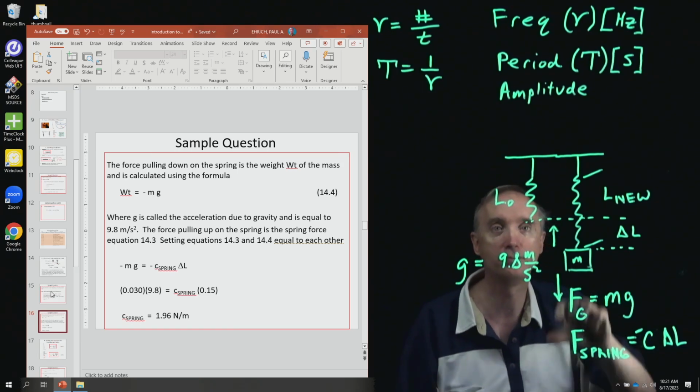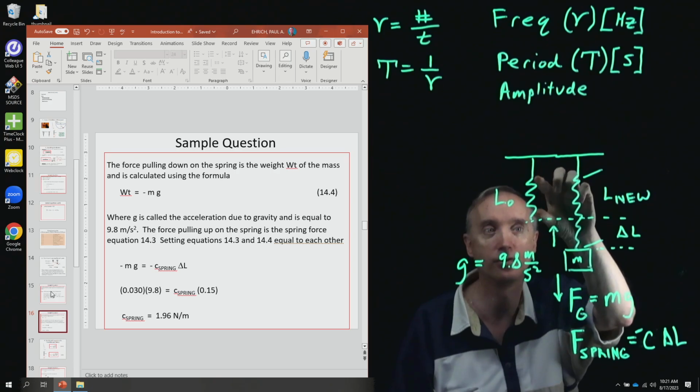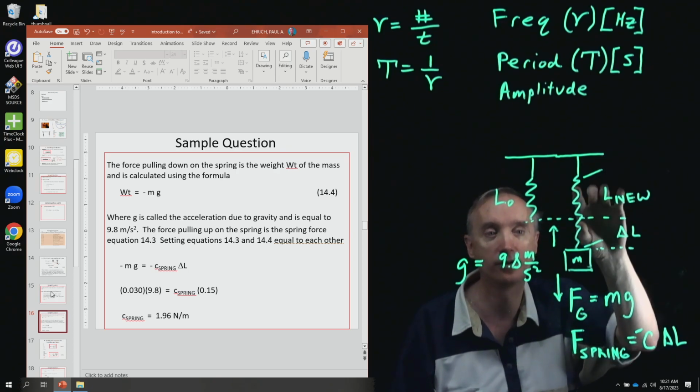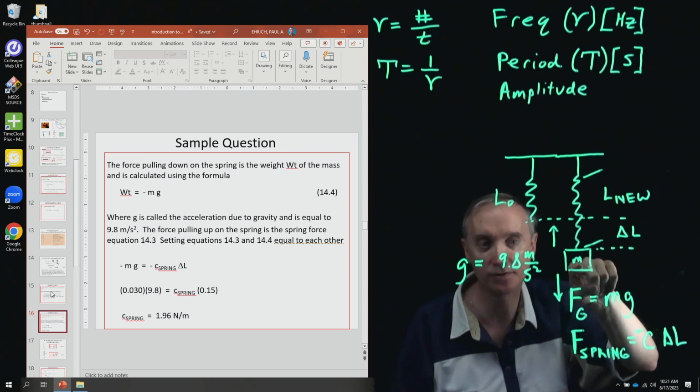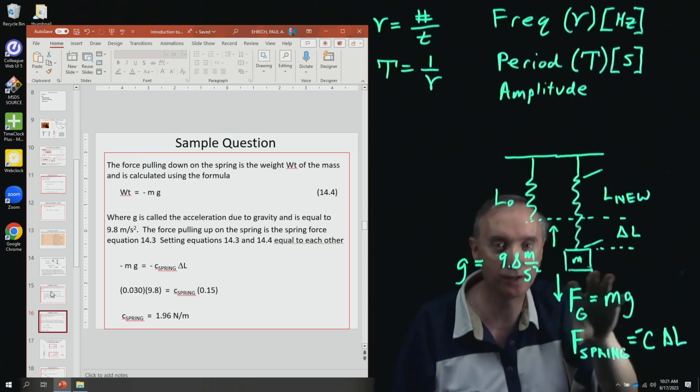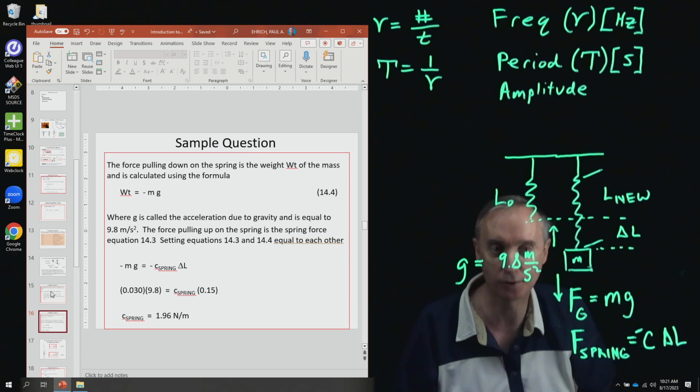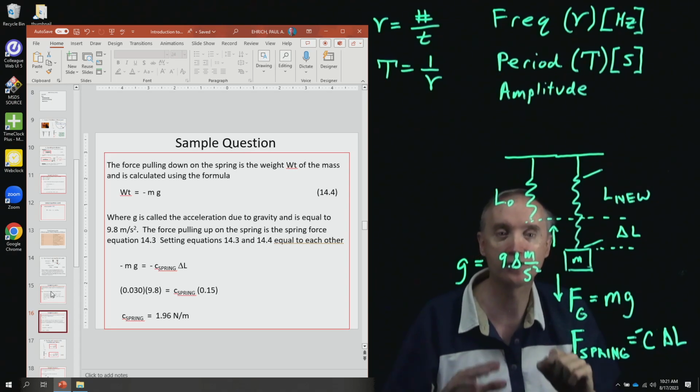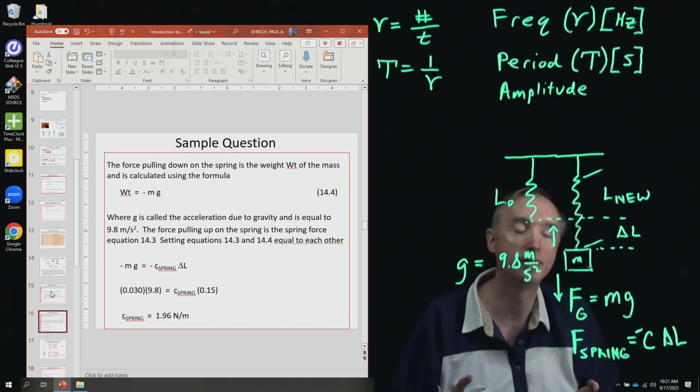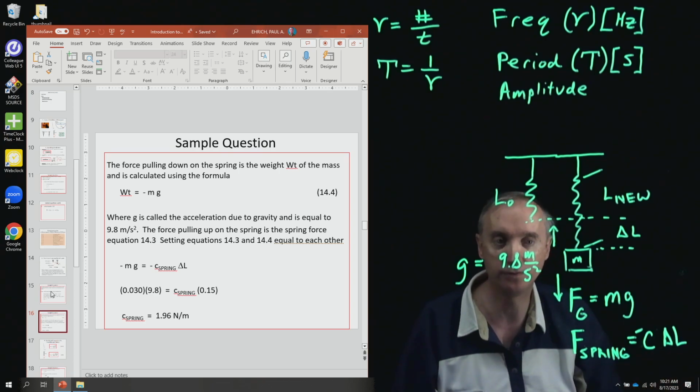You're going to measure the length, measure the mass, do this calculation, and calculate the spring constant of the spring. I just wanted to give this to you ahead of time so that you'll know how to do it in lab.